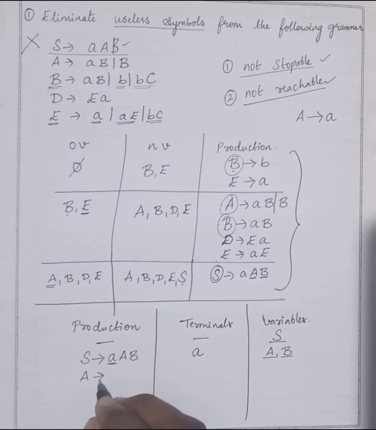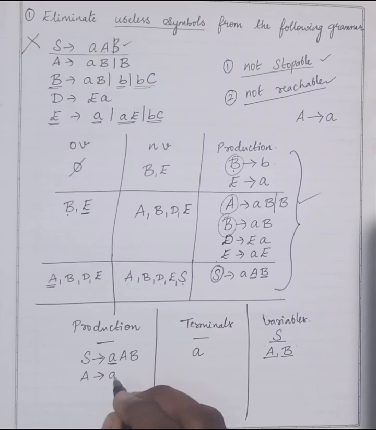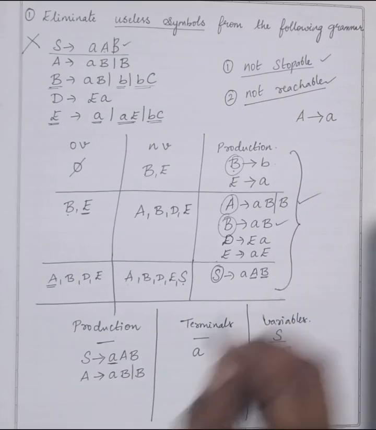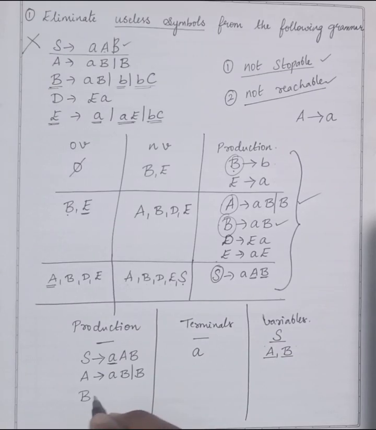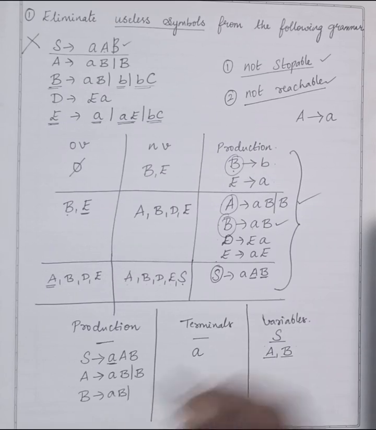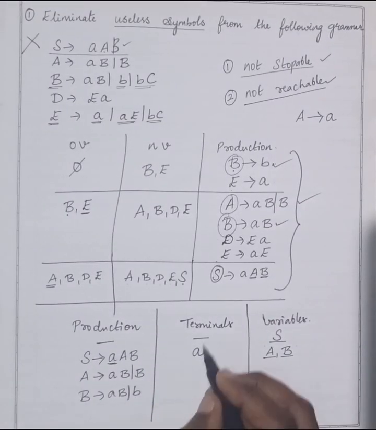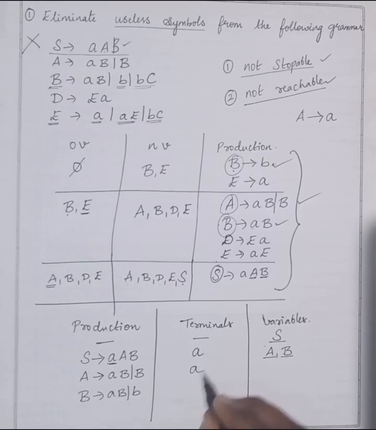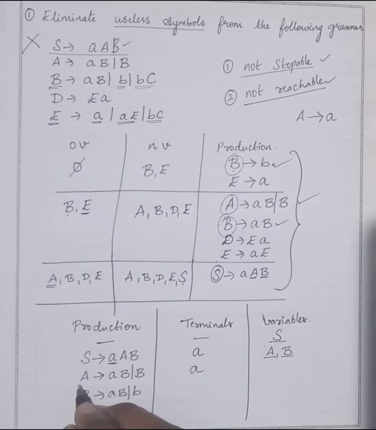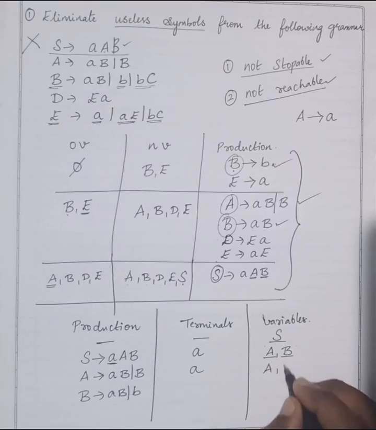So capital A derives small a capital B or capital B. Then again capital B derives small a capital B or small b. These three productions we have included. Now we want to check the terminals here.